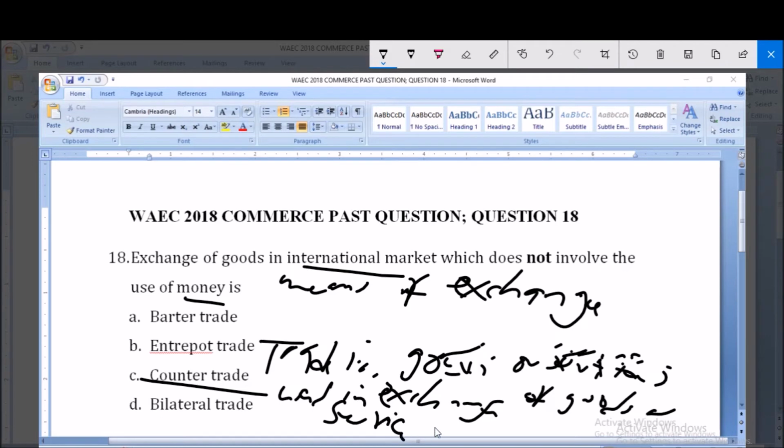So goods are used in exchange of goods, services are used in exchange of services.